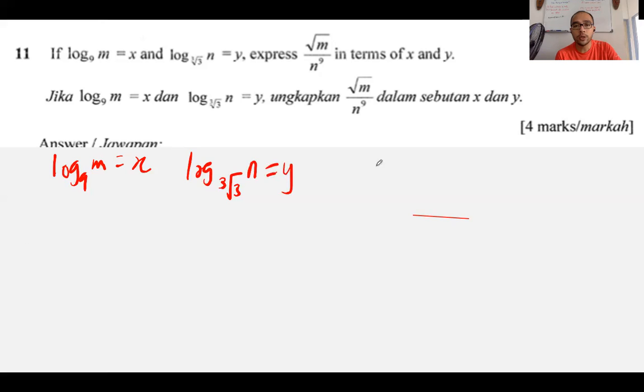Tapi, dia suruh kita ungkapkan square root of m over n to the power of 9. Dia ada log pula di sini, which is a very strange thing. Like, okay, kenapa dia ada log ni?